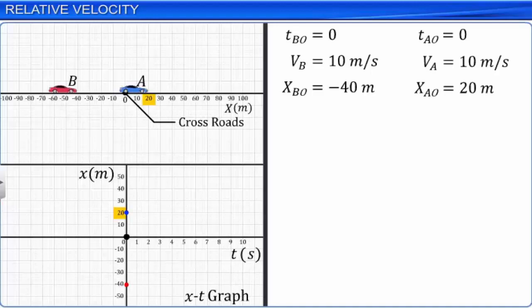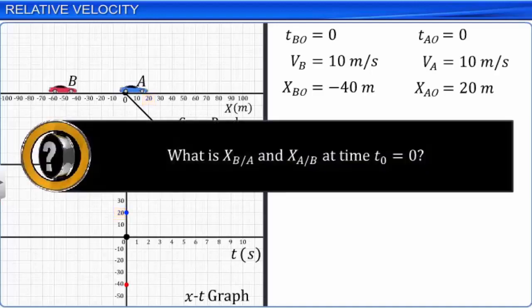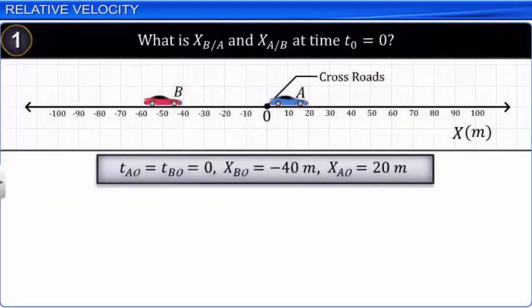What is xb by A and xa by B at time t0 equal to 0? Taking the crossroads as the origin O and time equal to 0, xb by A is equal to xb minus xa. This is equal to minus 60 meters.